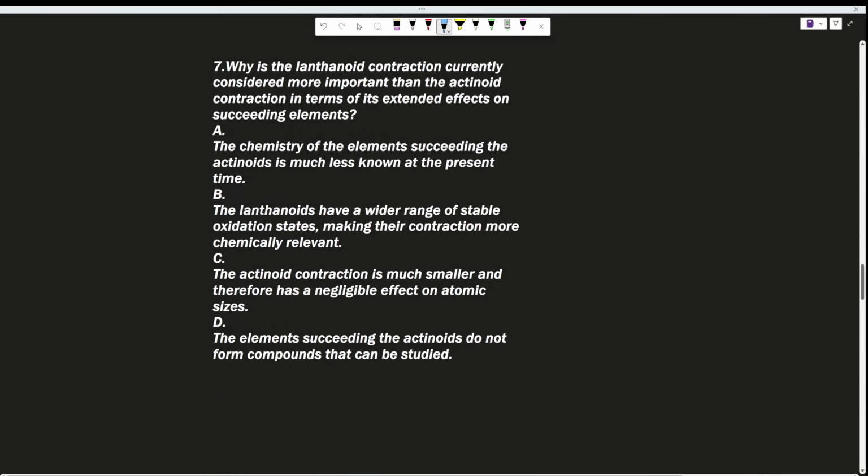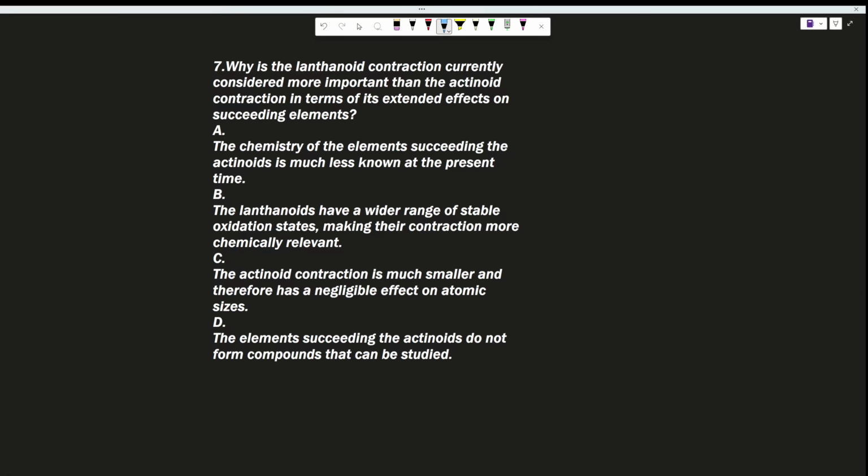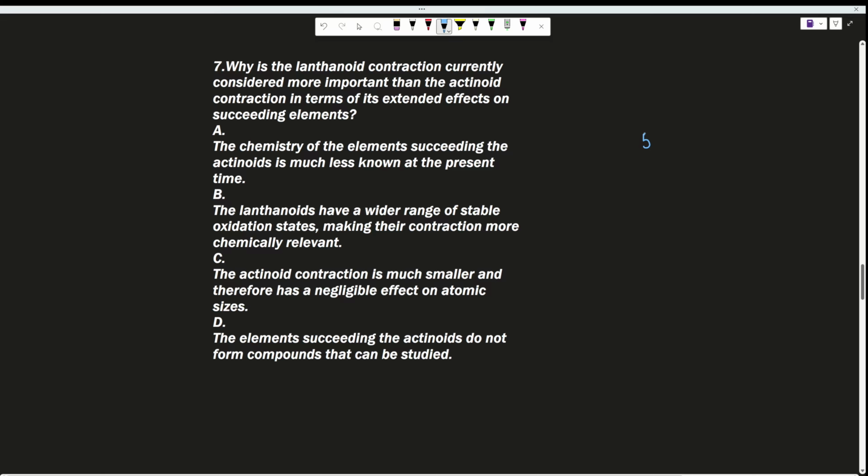Why is the lanthanoid contraction currently considered more important than the actinoid contraction in terms of its extended effects on succeeding elements? When I consider lanthanoid contraction, we talk about its effect on the 5d series elements, and we discuss the effect of that contraction when we study these 5d series elements.